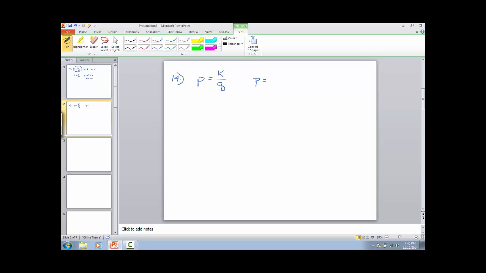P equals 30 milligrams cubed when Q equals 10 kilograms per millimeter cubed.